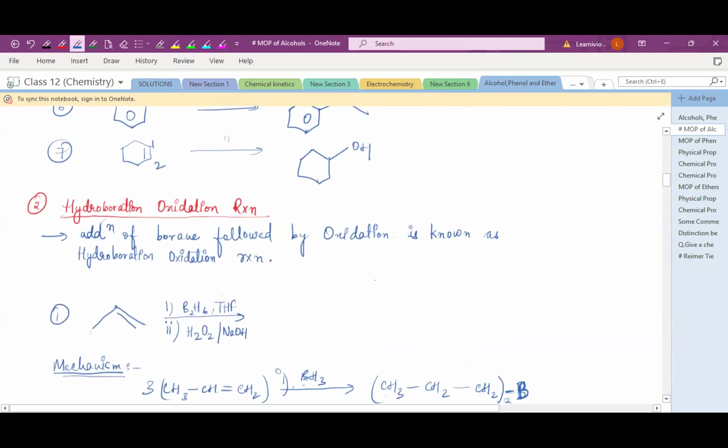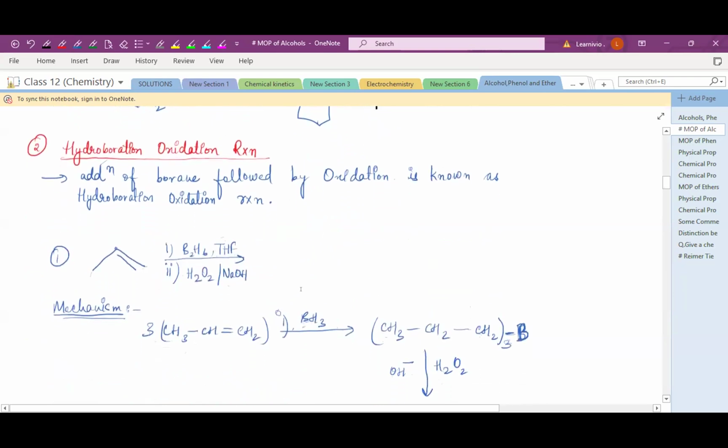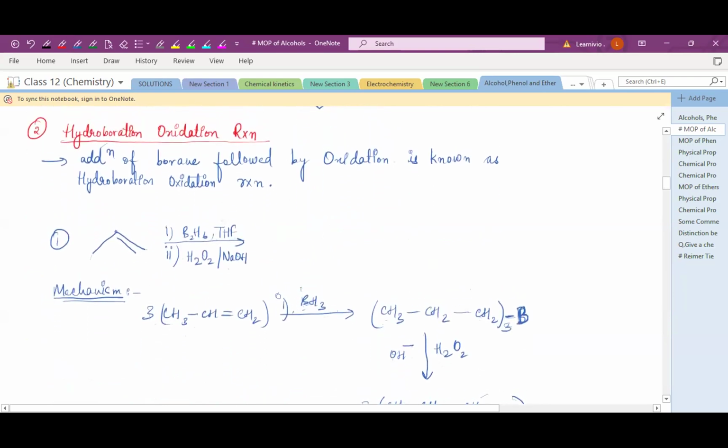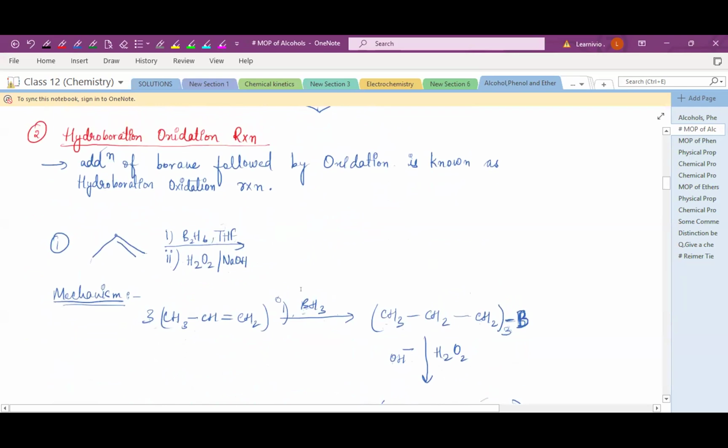Second is your hydroboration oxidation. So what is hydroboration oxidation? Again, this is a reaction of alkene. The reactant is alkene. This is again a two-step reaction. What happens in the first step?